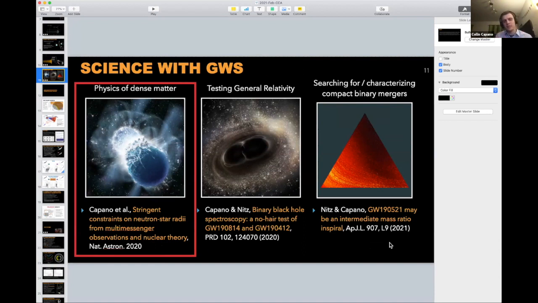But the thing was, the signal was extremely short, and so the signals that we're using really have to come from numerical relativity at that point. For instance, when my colleague Alex and I reanalyzed this using different waveform models, we found that the most likely scenario was a 17 solar mass black hole orbiting into a 180 solar mass one.